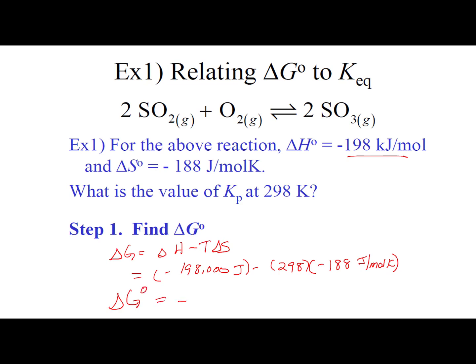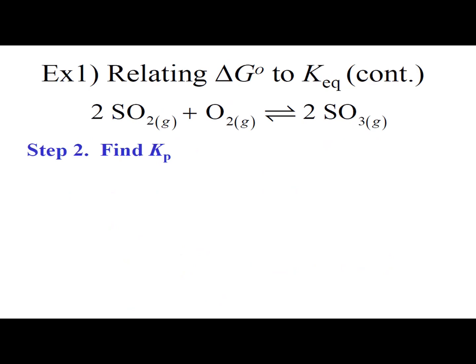And if you do that, you should find out that delta G0 is equal to negative 142,000 joules. And so that is our delta G.